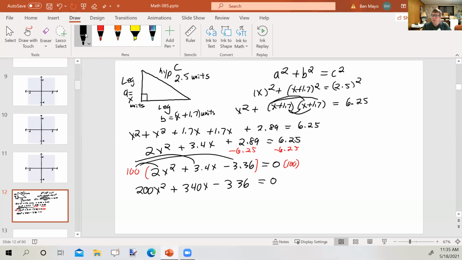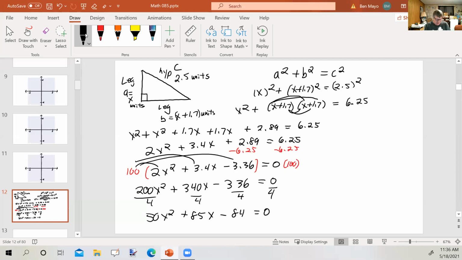Now that I've cleared the decimals, I also see that I could, in fact, take a 4 out of each term. So then I get 50x squared plus, let's see, what's 340 divided by 4? 340 divided by 4 is 85x minus 336 divided by 4, 84 equals 0.